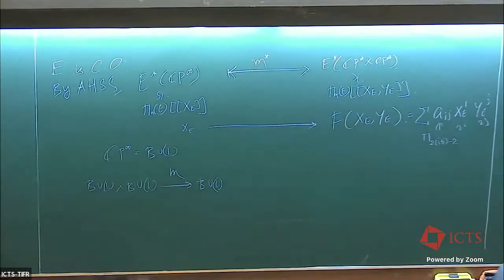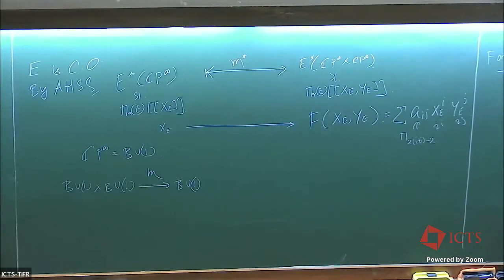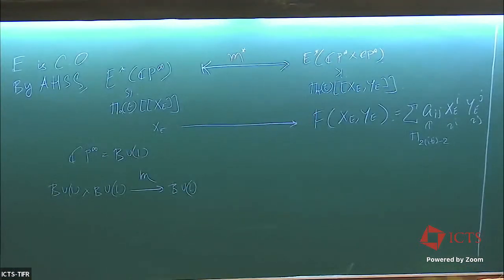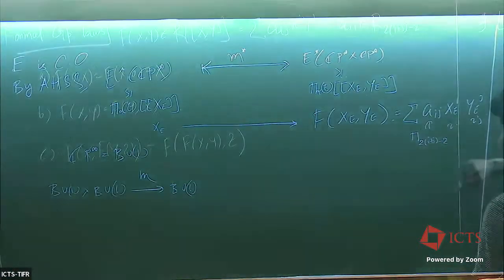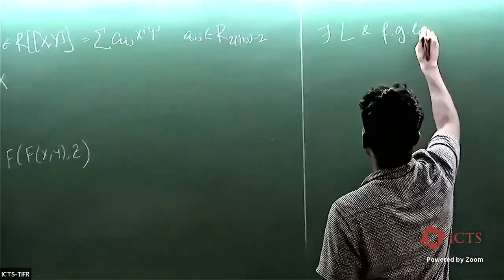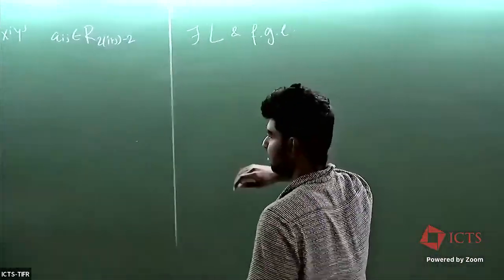Now, there exists a ring L which is graded and commutative. By FGL I mean formal group law, that is the abbreviation.